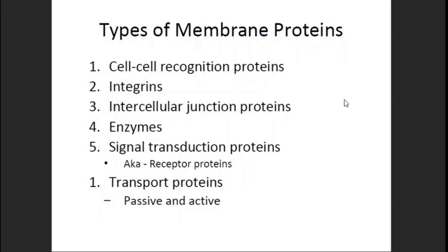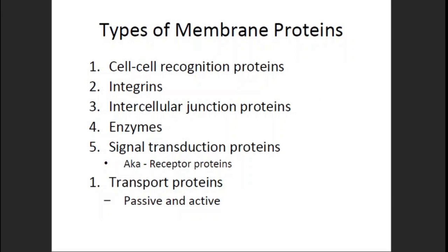Some membrane proteins can act as enzymes, which are the biocatalysts. Some of the proteins also help in relaying the signal that has been given out by some other cell, or they can respond when an appropriate ligand comes and binds on a particular receptor. So they are also known as receptor proteins.